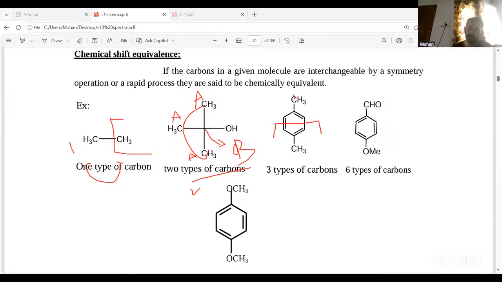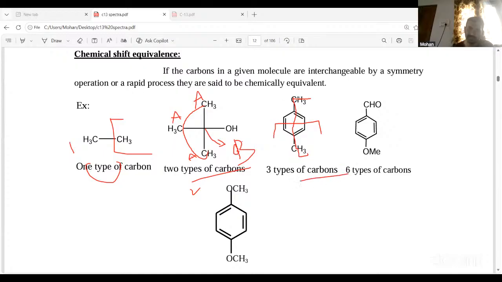So this is also a symmetrical one here. Then you see here there are three types of carbons.